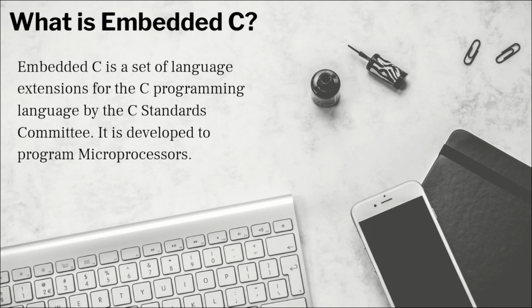With embedded C you get a lot of features other than the normal C language features that will help you in coding or developing programs and applications for your microcontrollers and microprocessors. We'll use embedded C in our next videos for writing code on the Arduino board.